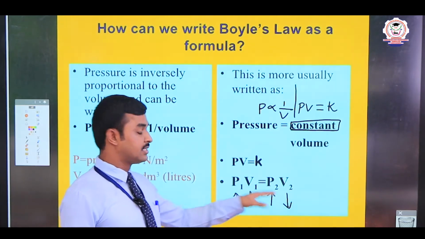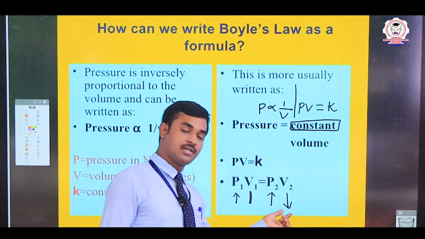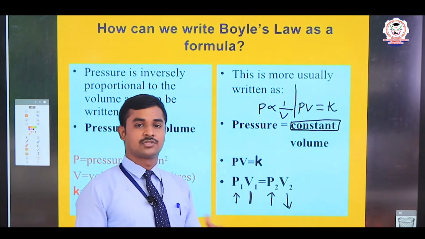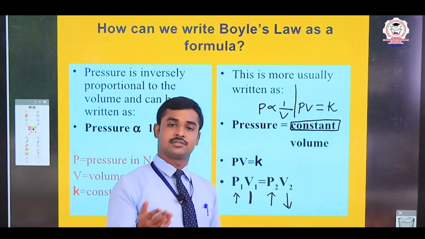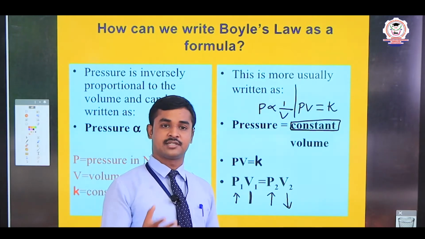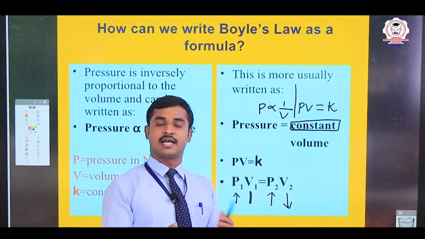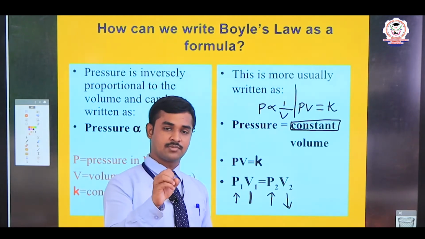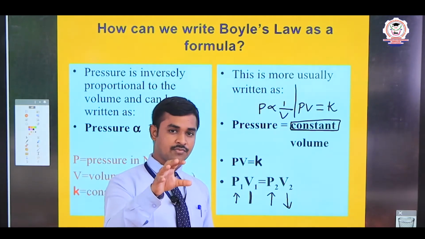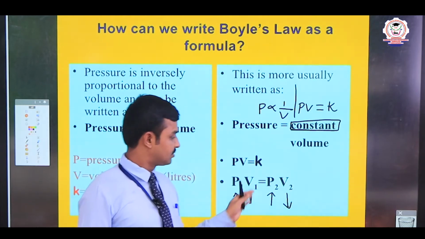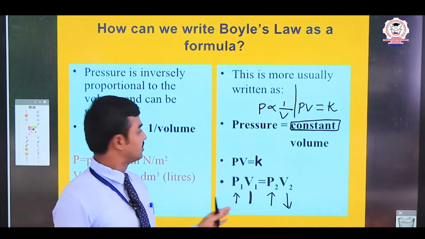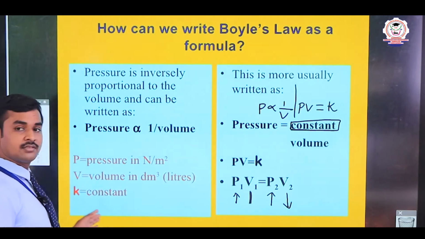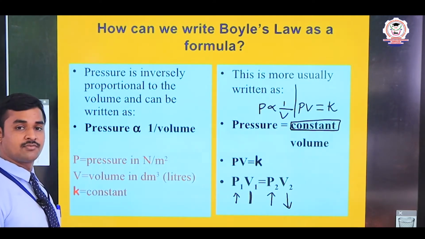So, volume and pressure are opposite. As a demonstration, you can press any gaseous chamber, for example balloons. When you press the balloon, the volume decreases. It is a basic experiment.